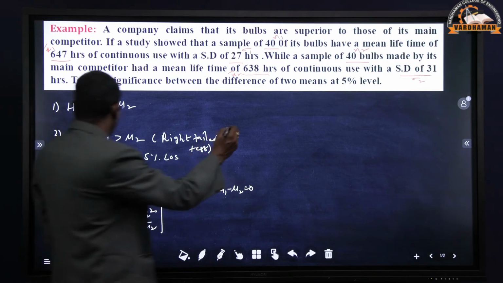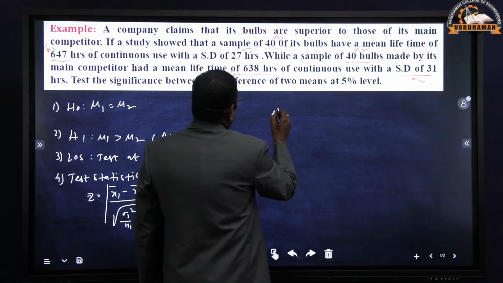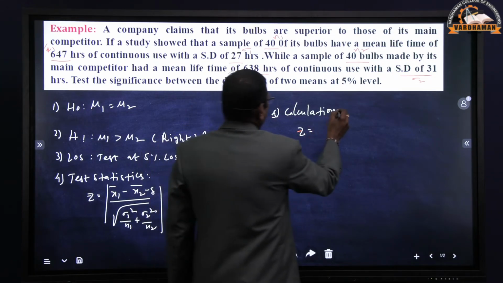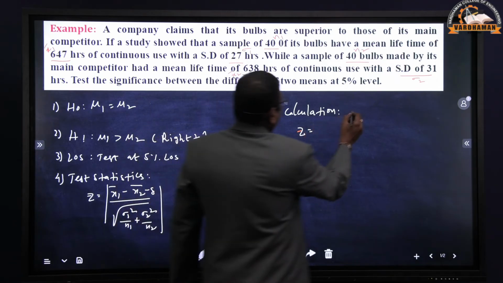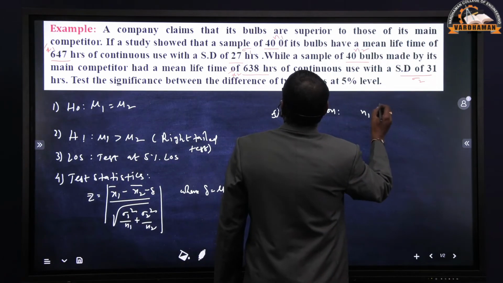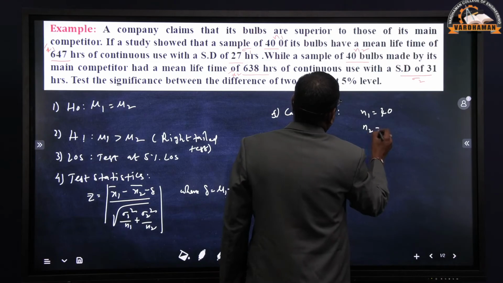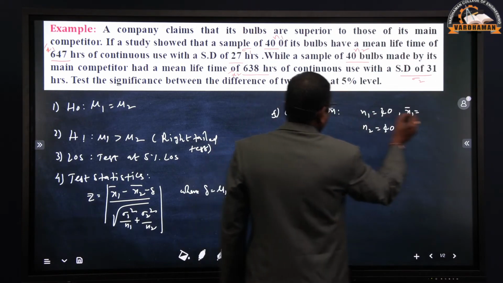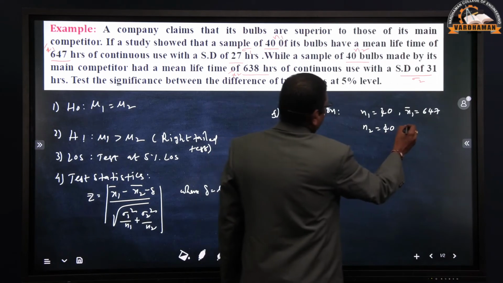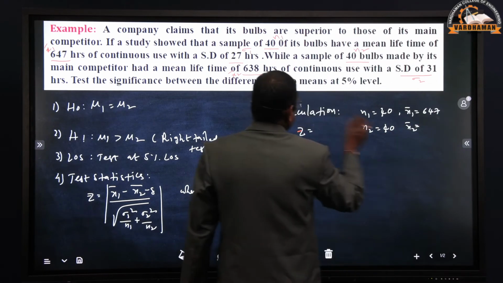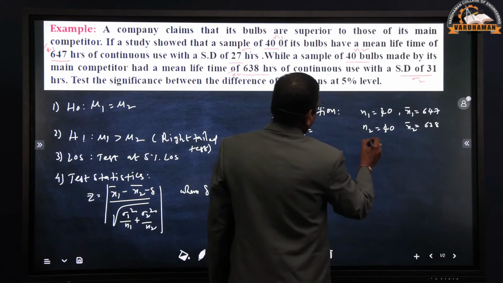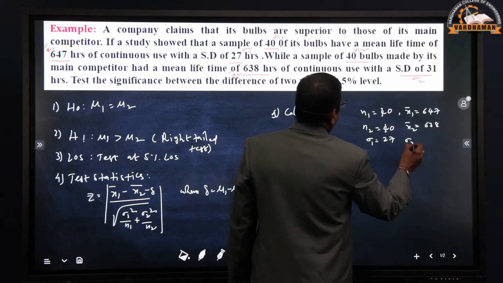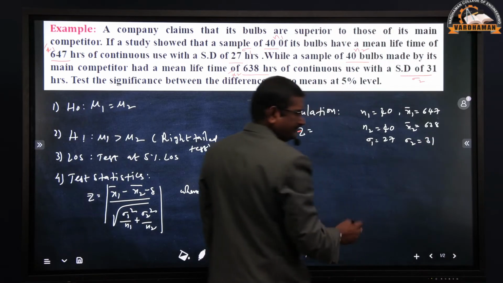Okay, calculation point of view. The fifth working rule is calculation. So Z is equal to, as mentioned above, n1 is equal to 40 and n2 is equal to 40. x1 bar is equal to 647 and x2 bar is equal to 638 and sigma 1 is equal to 27, sigma 2 is equal to 31.